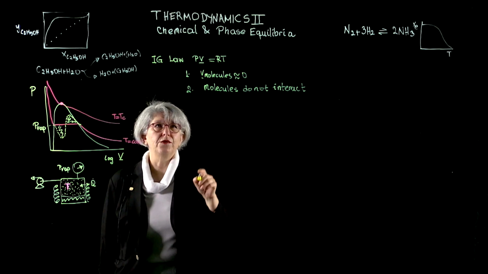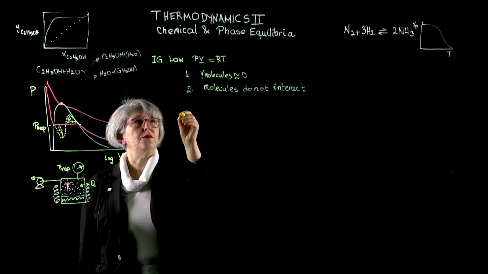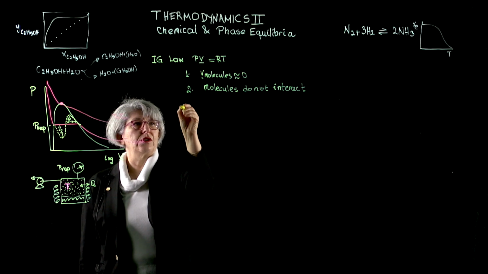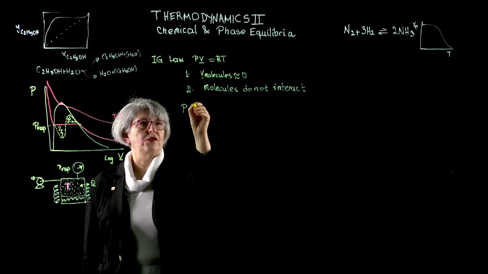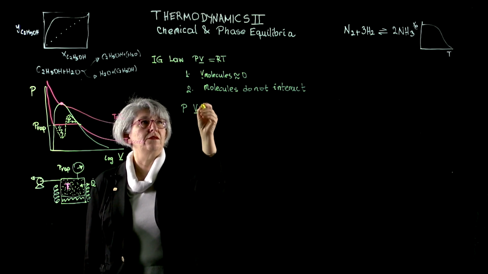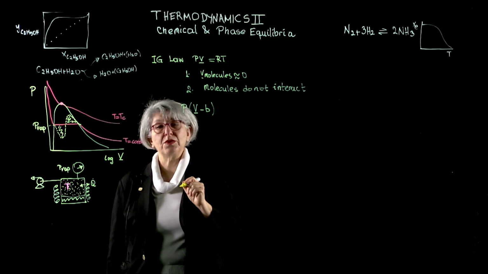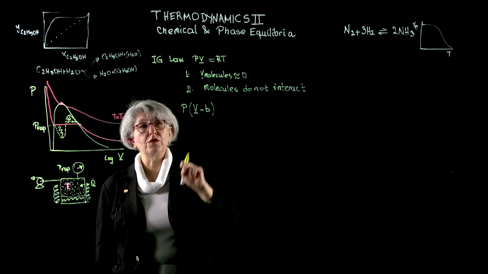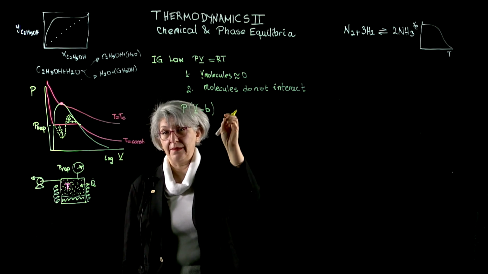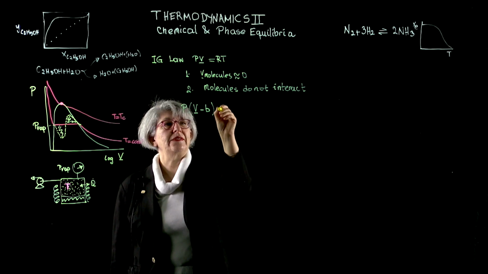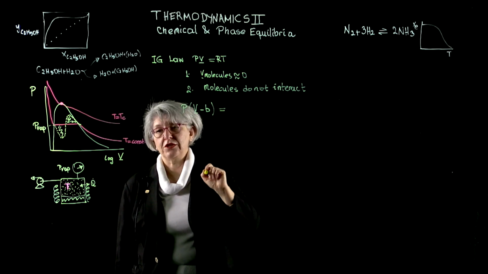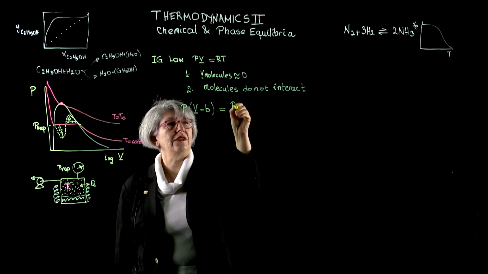All right. First, we introduced the volume of the molecules. The first approximation was removed. So B, standing for the volume of the molecules, was subtracted from the total volume to have a more accurate representation of the prediction of this equation of state.